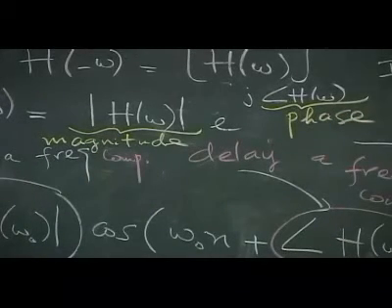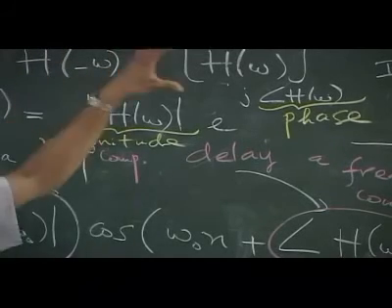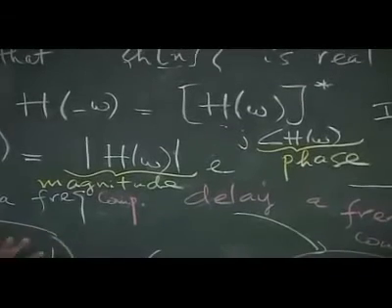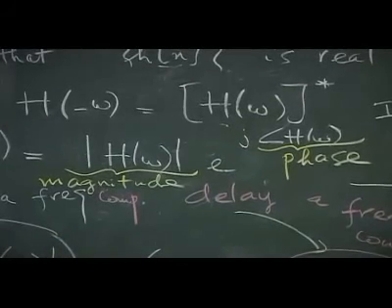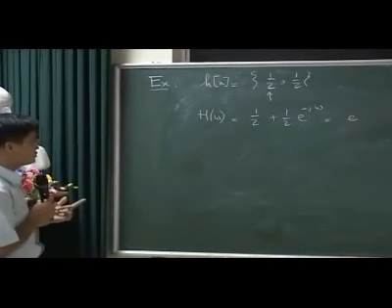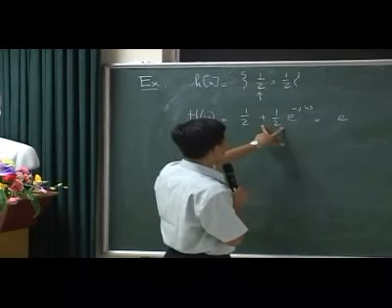When we talk about a filter, we're not just talking about this, we talk about the magnitude and the phase of that filter, because it's important as I described. Okay, the trick is I want to make them in that form.